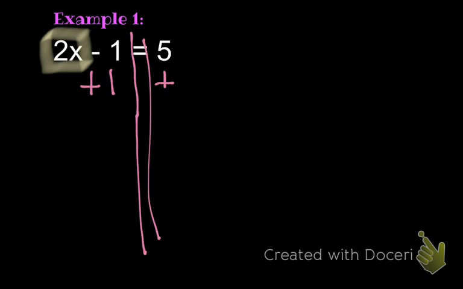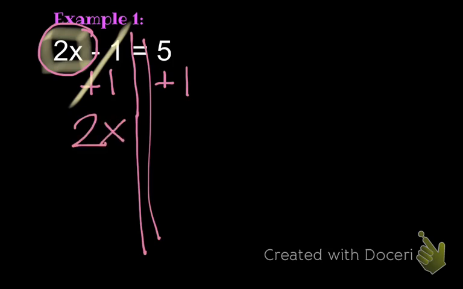And what I do to one side of the equation, I have to do to the other. So I write plus 1 on both sides. What that means is my 1's here cancel, and I'm left with 2x on the left. So I need to rewrite my equation and balance it and say 2x equals 5 plus 1, which is 6. Now the operation between 2 and x is multiplication.